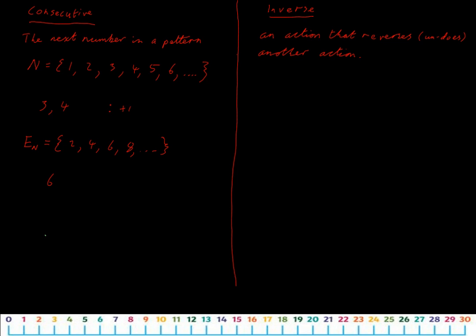That's not an even number. What's the next even number? The next consecutive even number is 8. The next consecutive even number after 8 is 10. Well, what am I doing this time? This time I have to add 2 in order to get between my numbers, in order to get to the next number in my list.